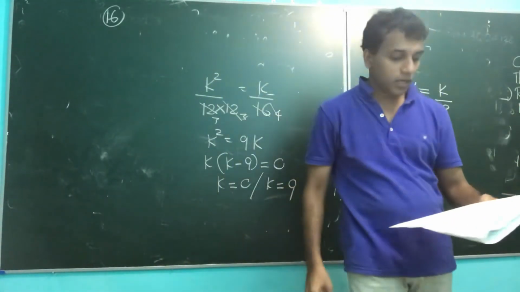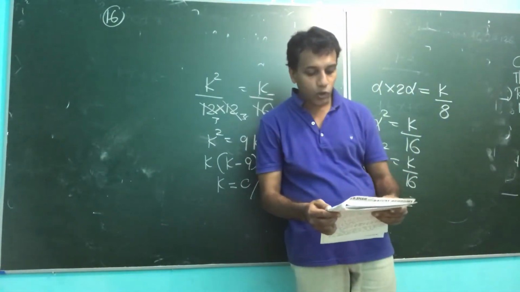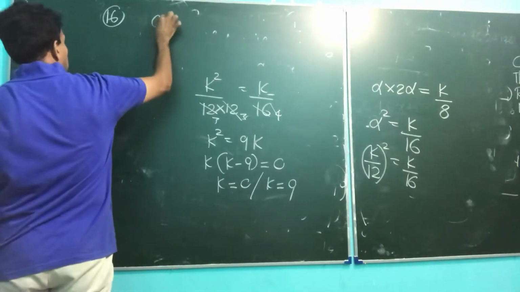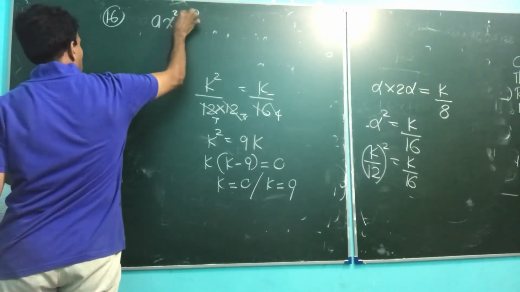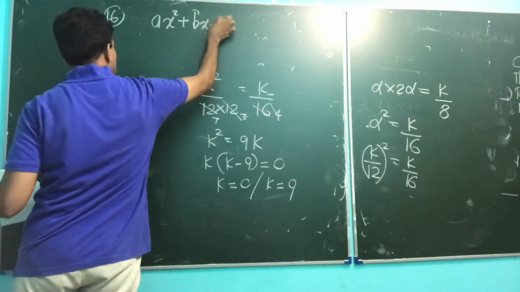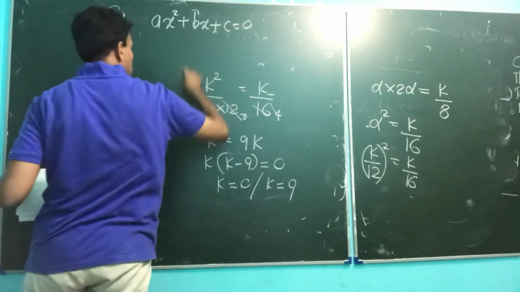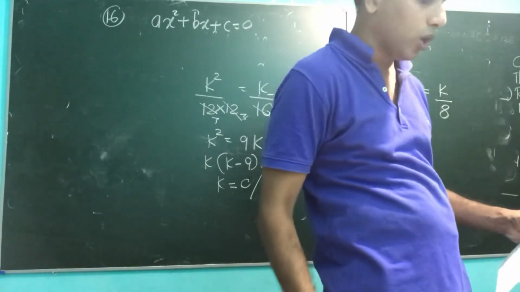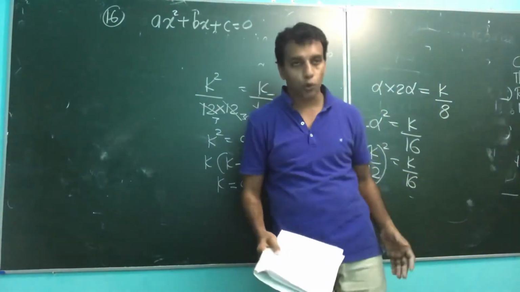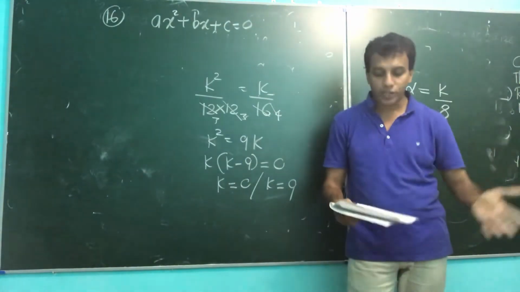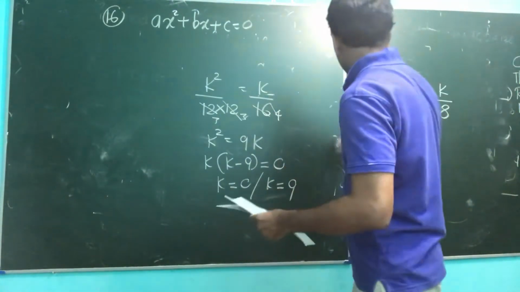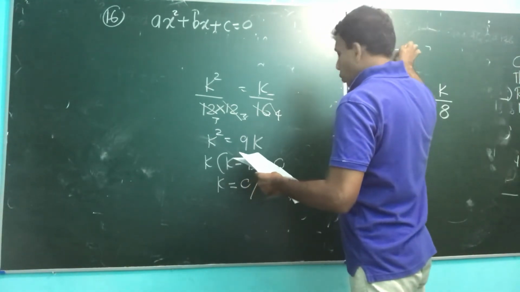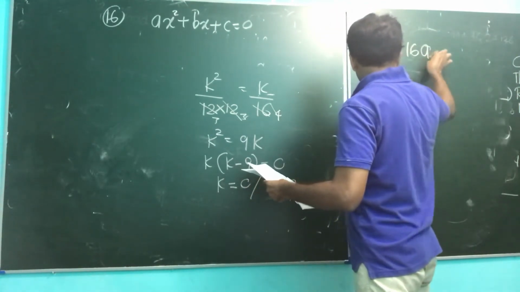Given that one root of the equation ax square plus bx plus c equals 0 is 3 times the other root, show that 3b square equals 16ac.